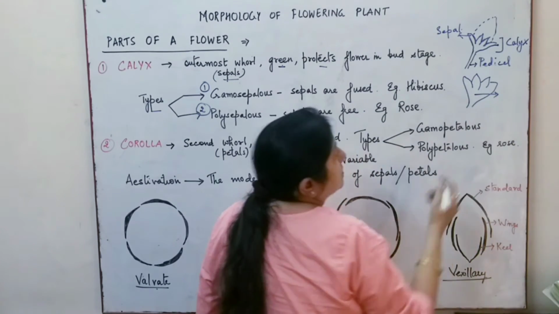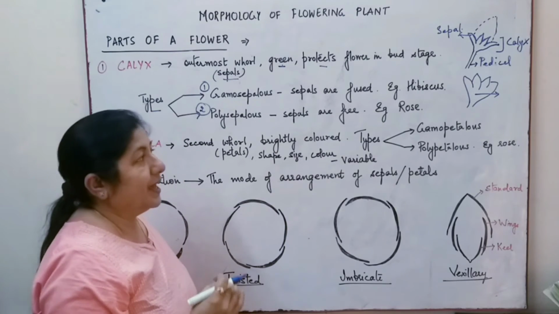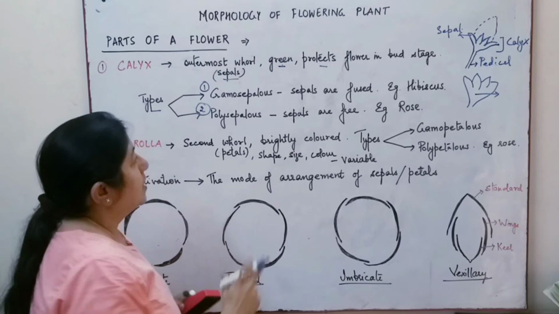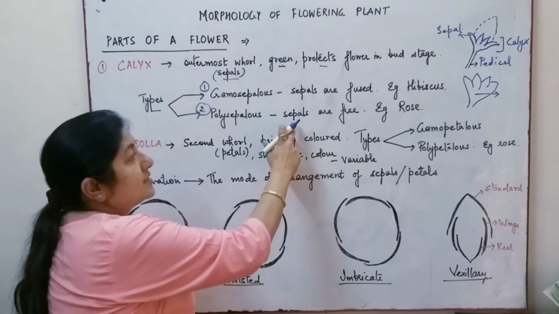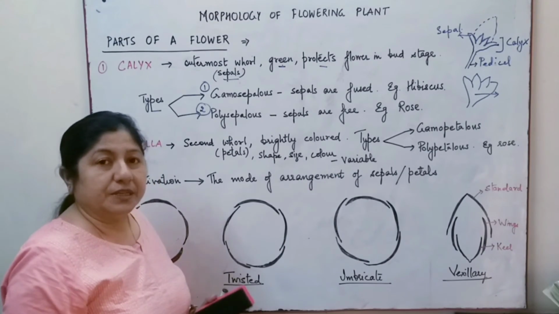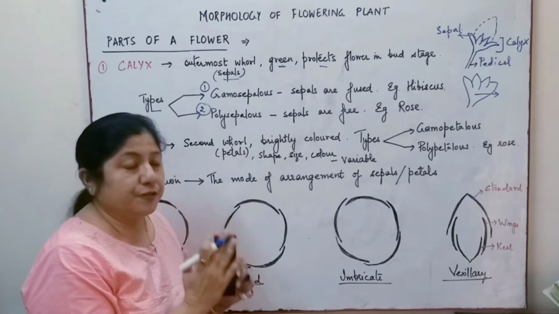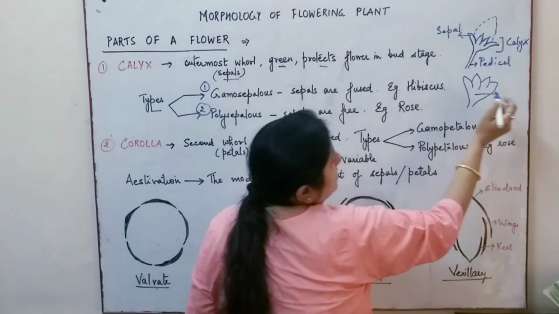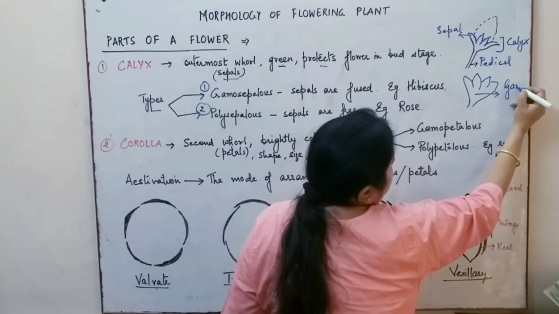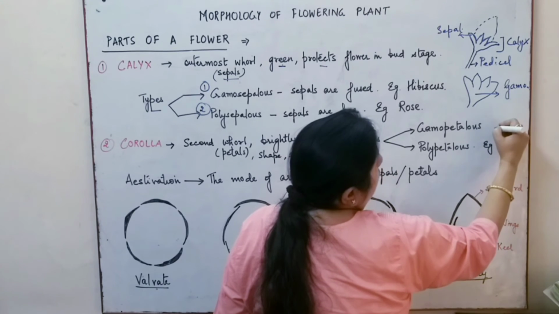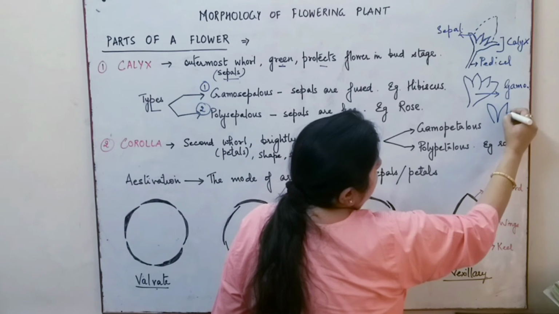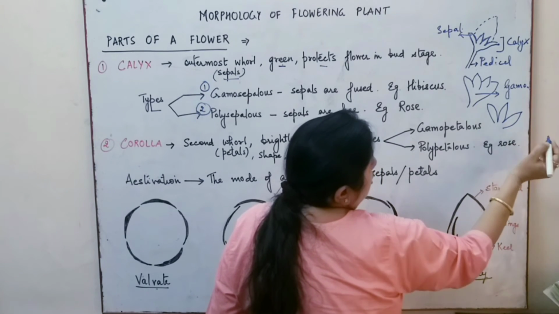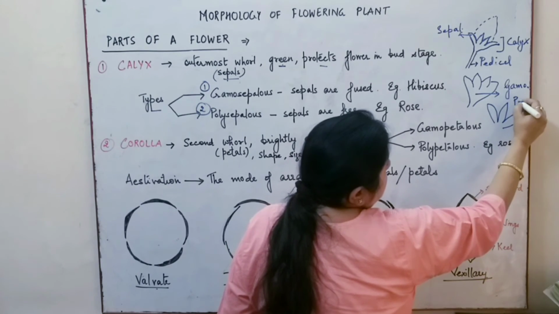This is gamosepalous because here the calyx is fused, whereas in the polysepalous condition the sepals are free. That means they will not be fusing. So this condition is gamosepalous. And if we talk of the polysepalous condition, the sepals will be separate. So this is a polysepalous condition.